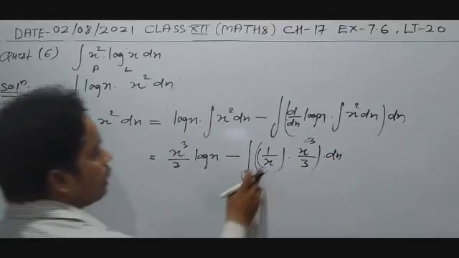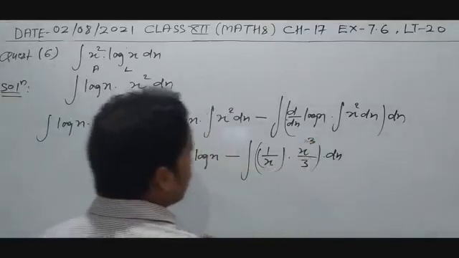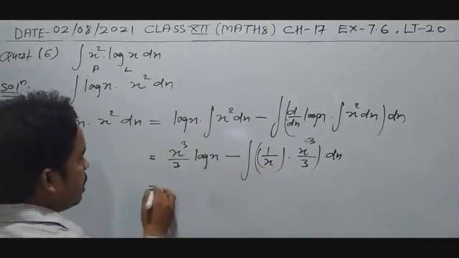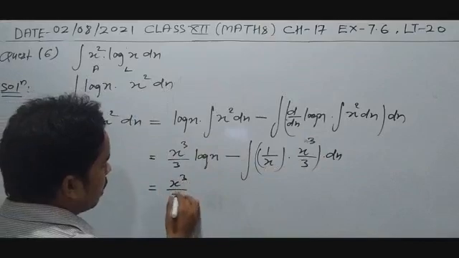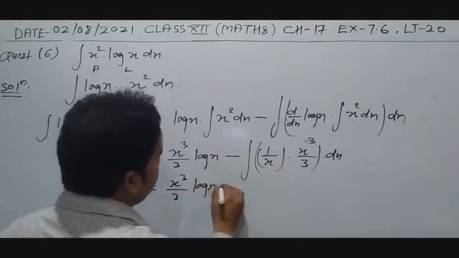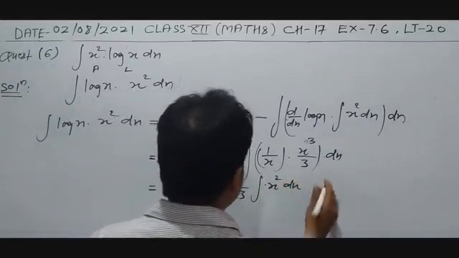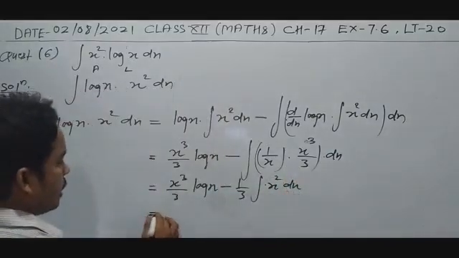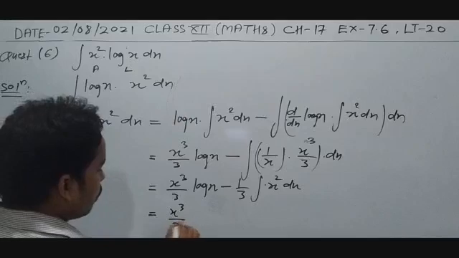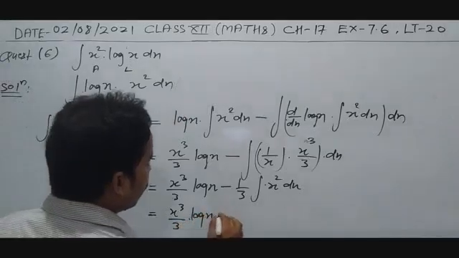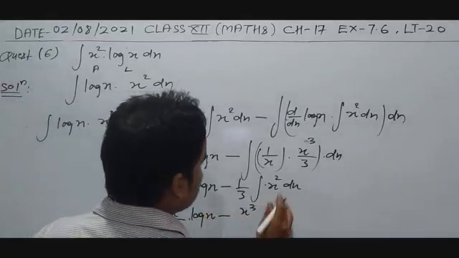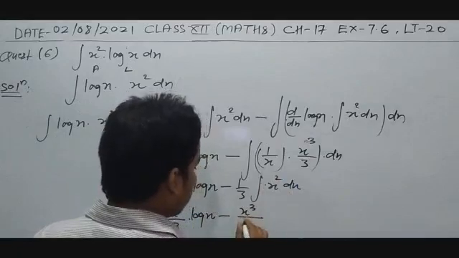Now x term will cancel out, so again result will be x square dx and 1 by 3 will be outside the integral.